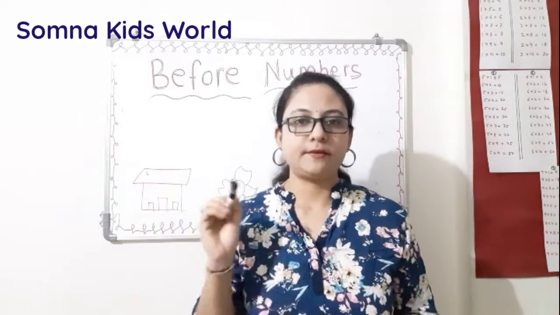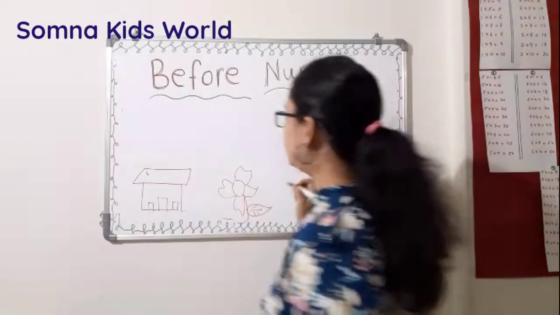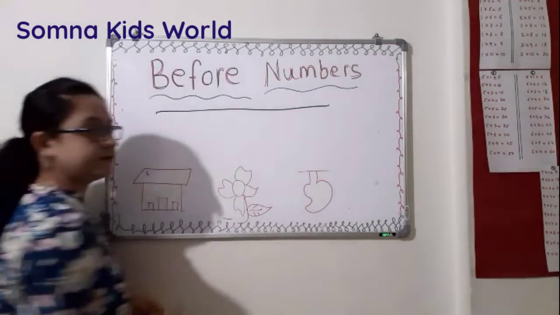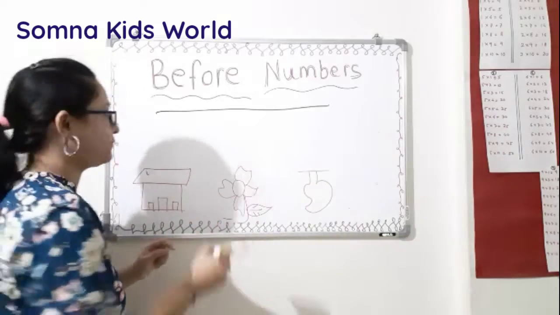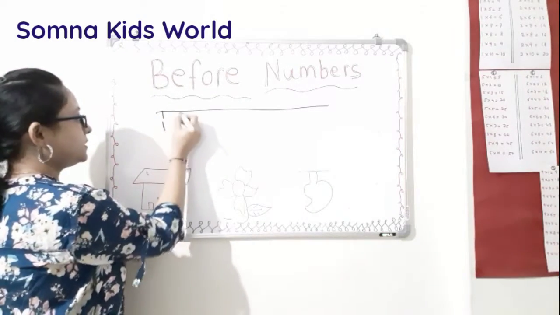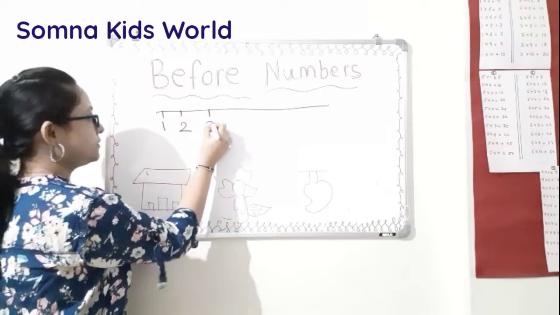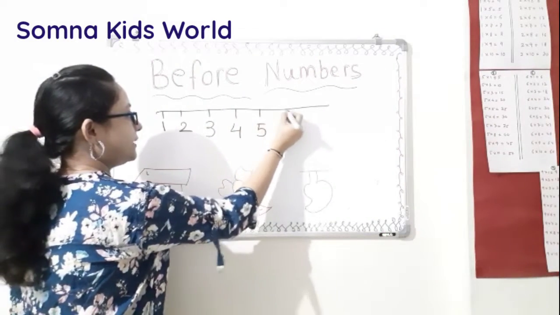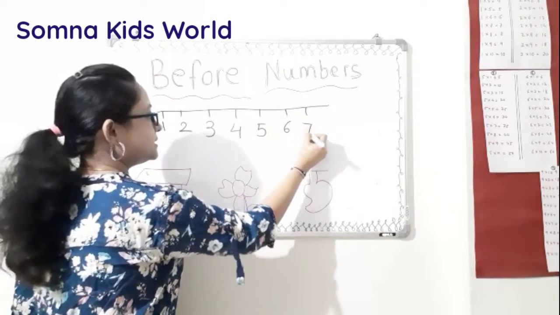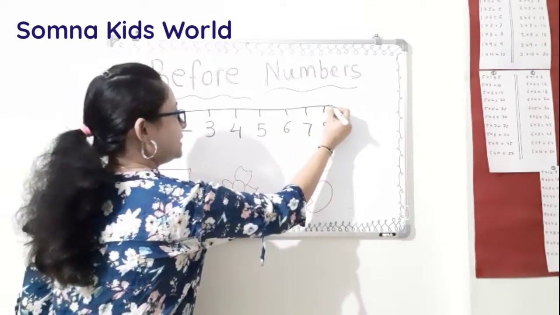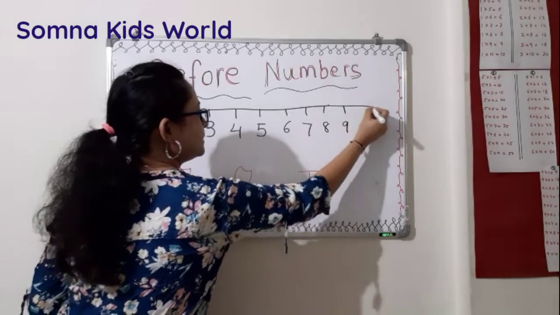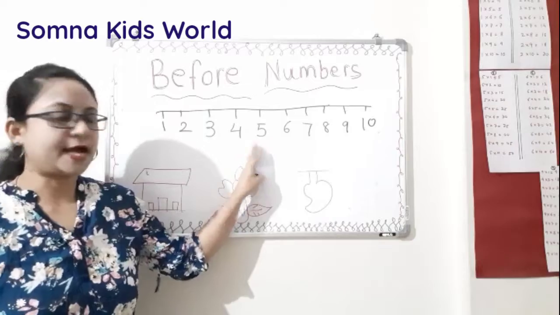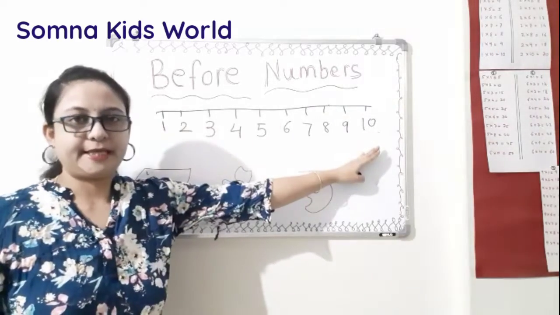Let me draw a number line from 1 to 10: 1, 2, 3, 4, 5, 6, 7, 8, 9, 10.